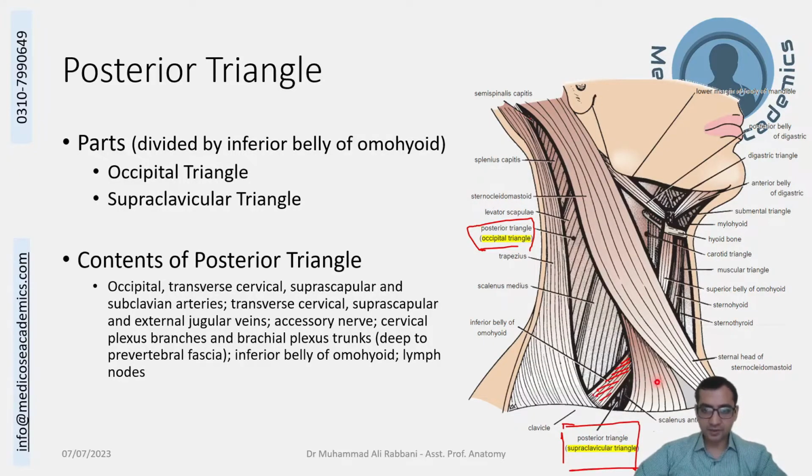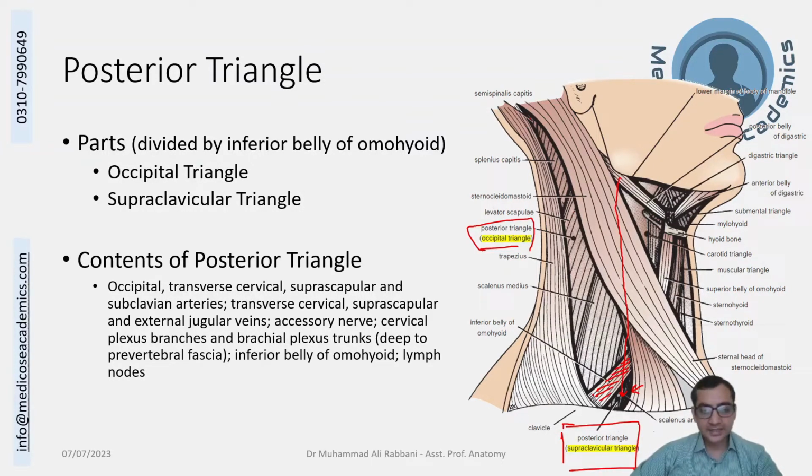Of course, if there is an artery, there will be a vein. And there is the external jugular vein. The external jugular vein moves like this, goes to the back and dips right here, goes inside the deep fascia and merges with the internal jugular vein.